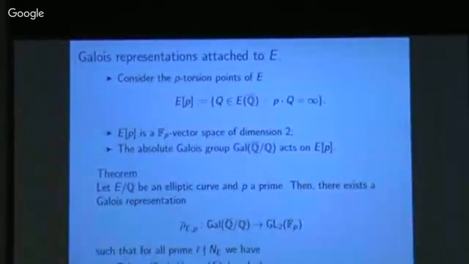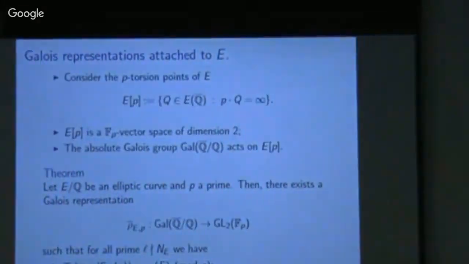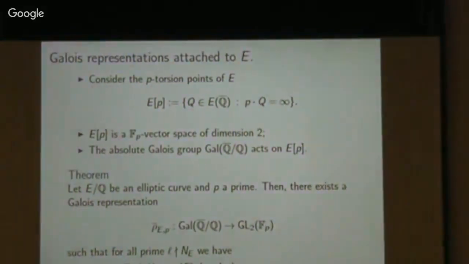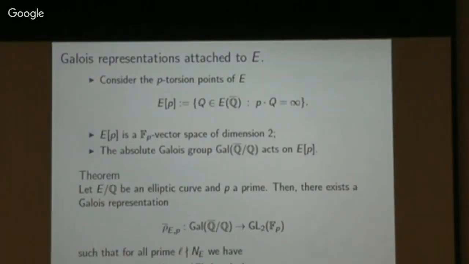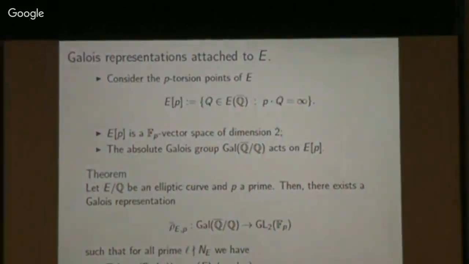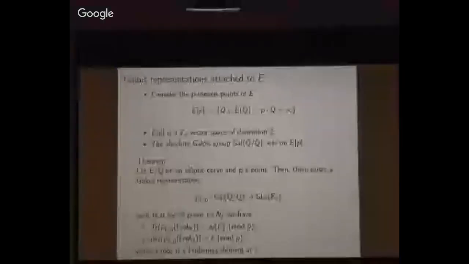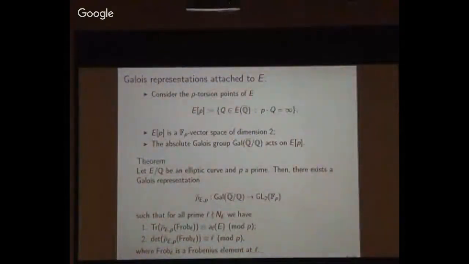So these A_L are actually traces of the representation attached to the elliptic curve. And the determinant at the same element is L modulo P. We have Frobenius elements for every prime L, and these elements are dense in the absolute Galois group, so somehow these conditions determine the representation. So these A_L are very, very important.